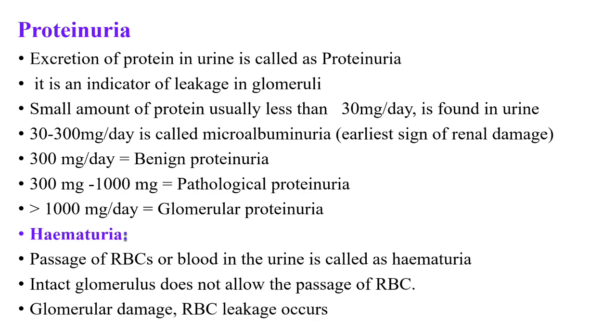Damage to the glomerulus also causes passage of RBCs or blood in the urine, called hematuria. This occurs in glomerular damage, when RBC leakage occurs.